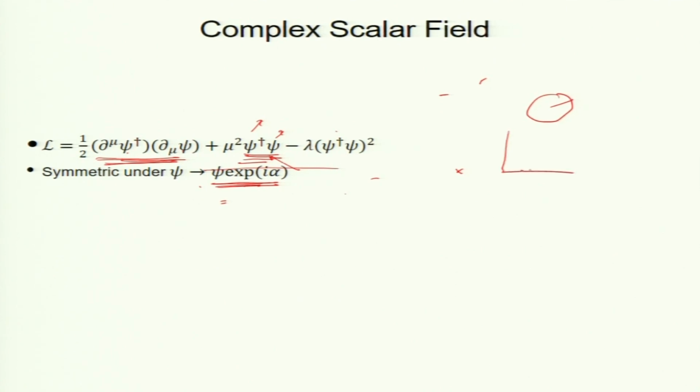So, here I will have to write psi real and psi imaginary, and my minimum will be on a circle whose radius is the square root of mu squared by lambda. That is identical, and I do not need to do it in detail, but we get similar results for this case.